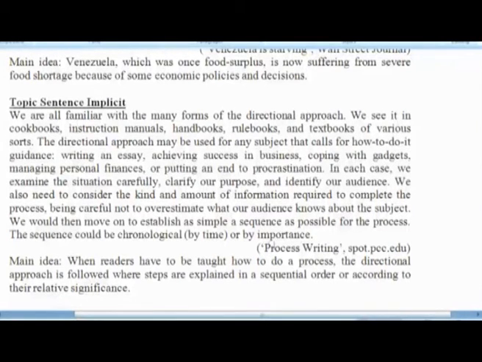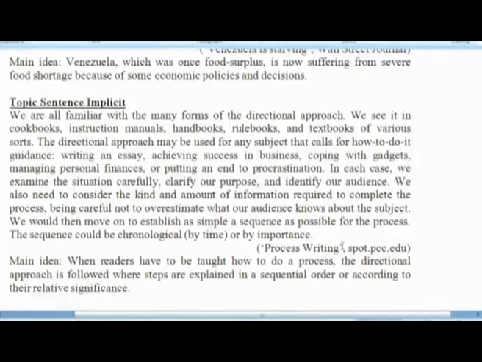So, this is on process writing, and here this particular paragraph explains what the directional approach is, but the main idea is, you can say, a sort of spread, and the topic sentence you have to infer.